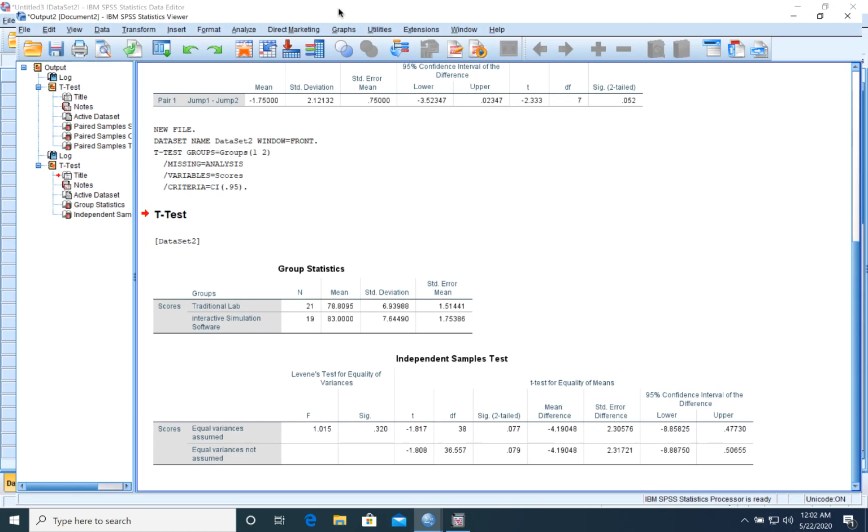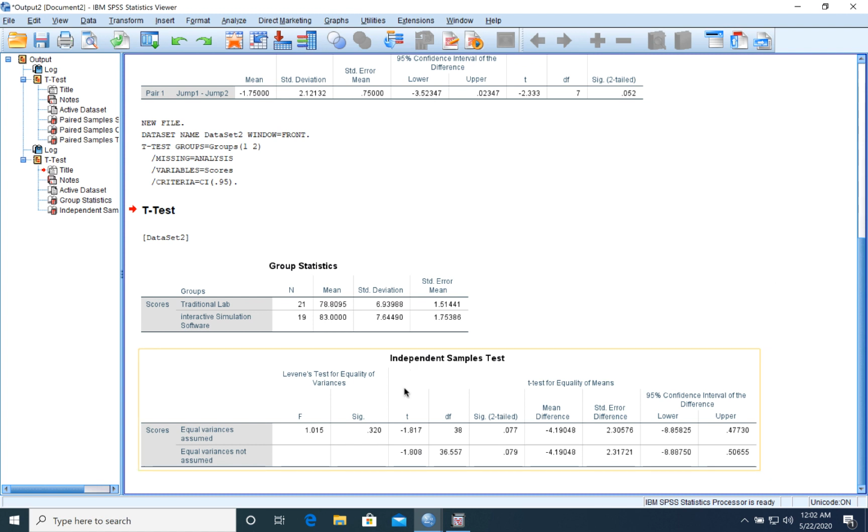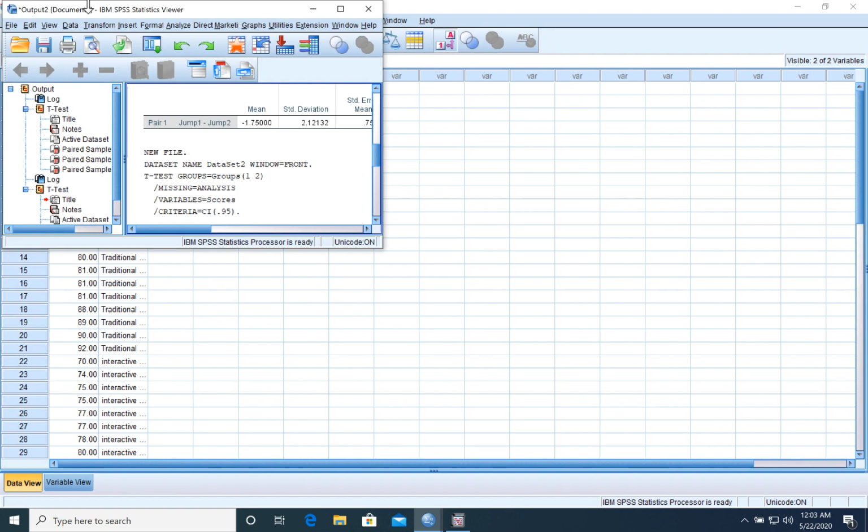Our test statistic was negative 1.08. This one lands outside of the rejection region. So we will fail to reject the null hypothesis once again, and once again, there is not sufficient evidence to support the claim that students learn better in the interactive software labs versus the traditional labs.